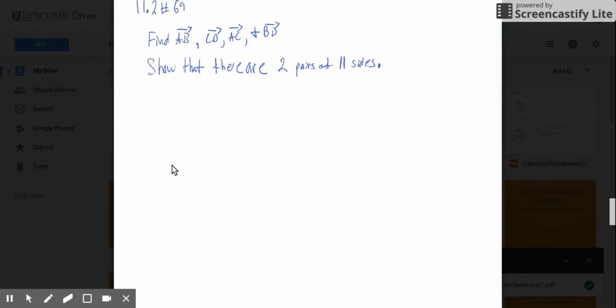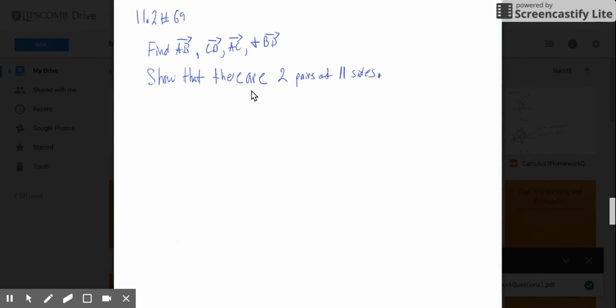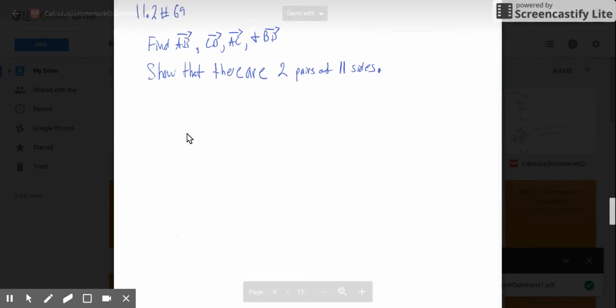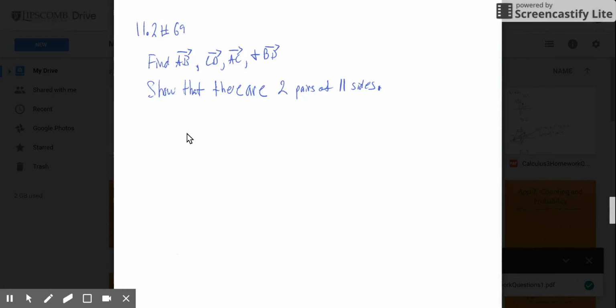11.2, number 69, I didn't put any work here. We're asked to show that we're looking at a parallelogram here, I believe. Let me just double check that. It's the drawback of taking too long to record these, is I forget what I was doing when I was doing the problem initially. So yeah, on number 69, we're given 4 vertices.